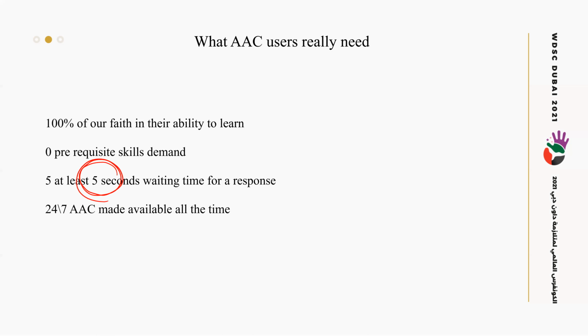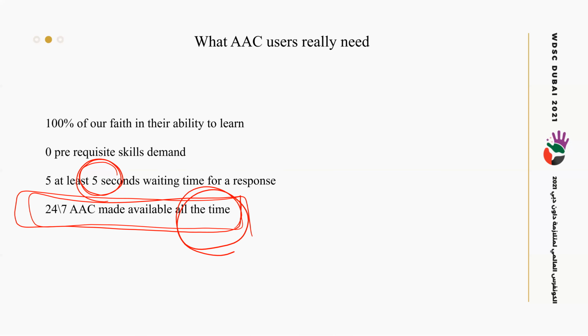Some students, depending on the assessment and evaluation for each user, may need more. 24 hours a day, 7 days a week, AAC made available all the time. And here is the big issue, I think, why AAC most probably is not working with the student: it's not available all the time.